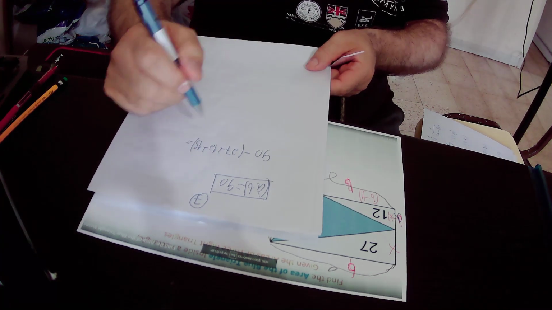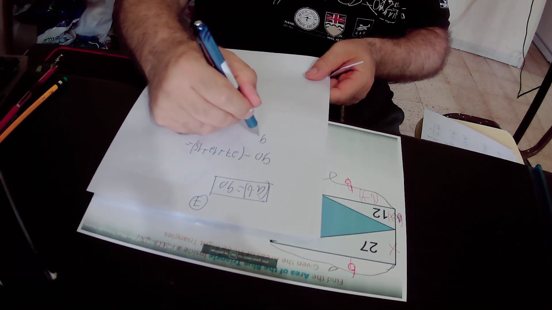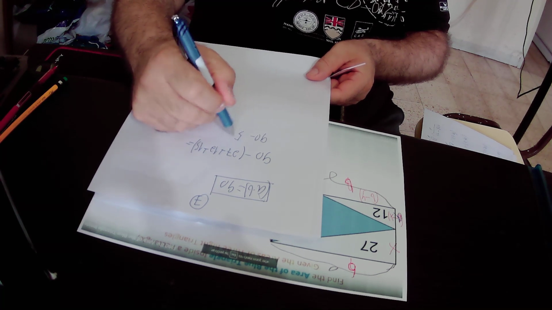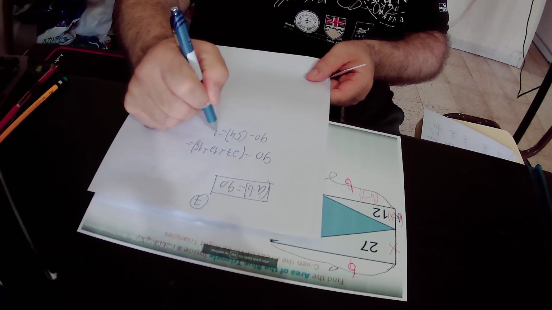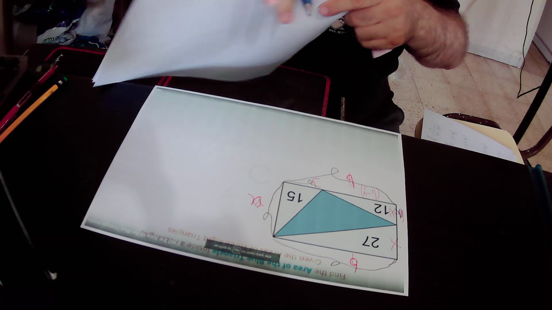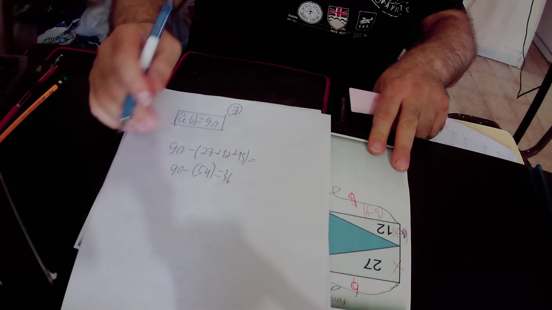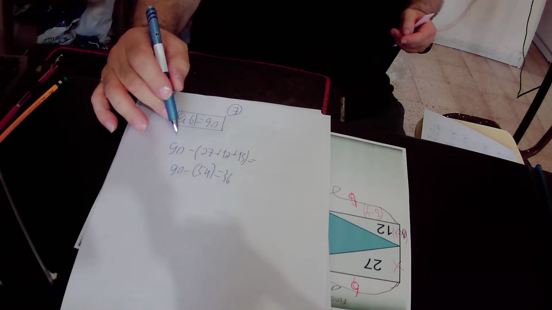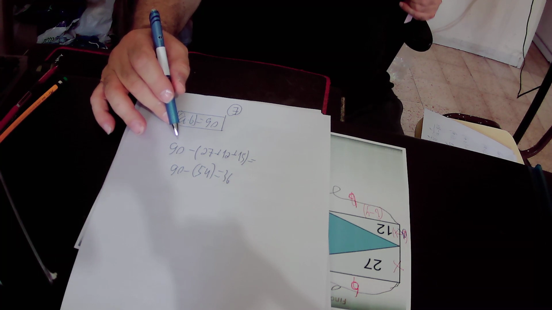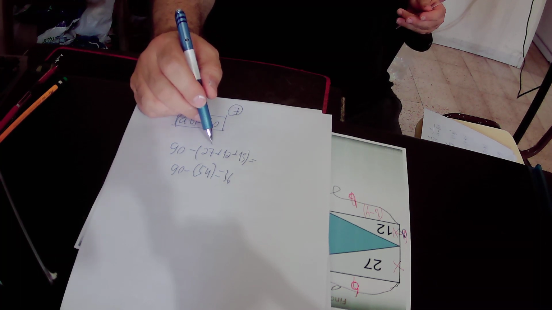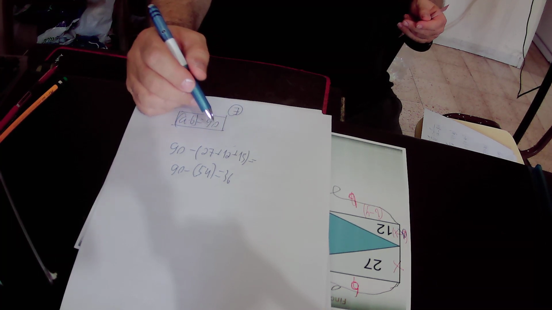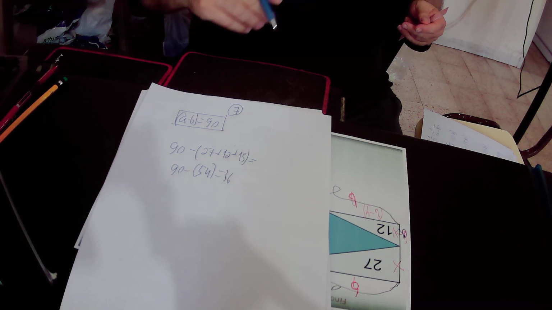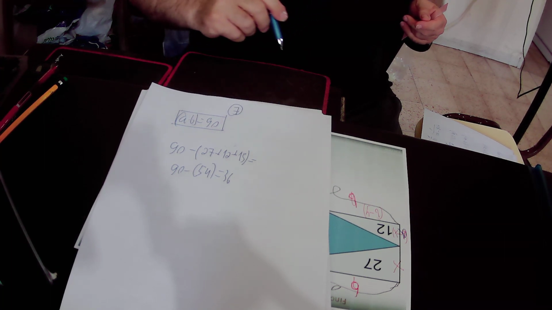Okay, so the area of the rectangle that is 90 units minus the areas of the three right triangles is actually equal to the area of the blue triangle.